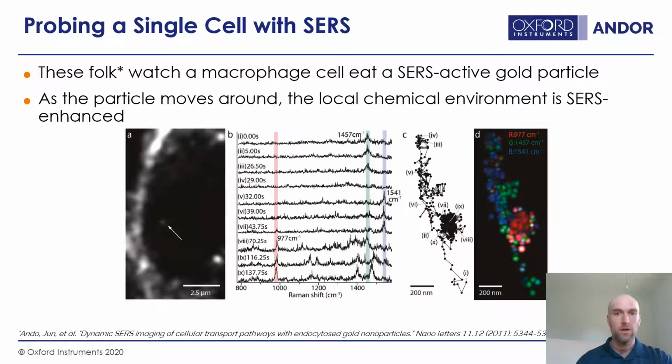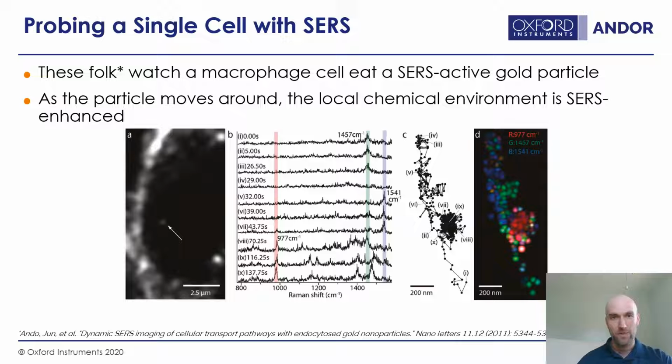So what could you do if you could measure Raman scattering from a tiny, tiny volume of space, maybe even potentially from single molecules? These folks are watching a macrophage eat a SIRS active gold particle. They've made a gold particle that on its surface can interact with molecules in its environment and then light them up and make them SIRS active and scatter like crazy with their Raman spectrum.